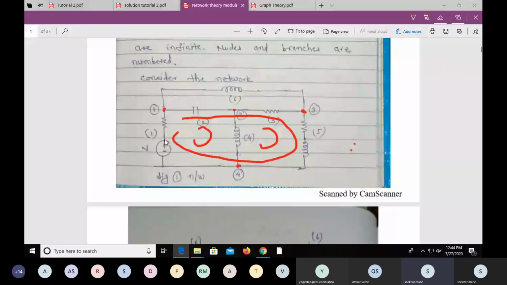So if you consider this line, this is a loop and these internal lines are mesh.